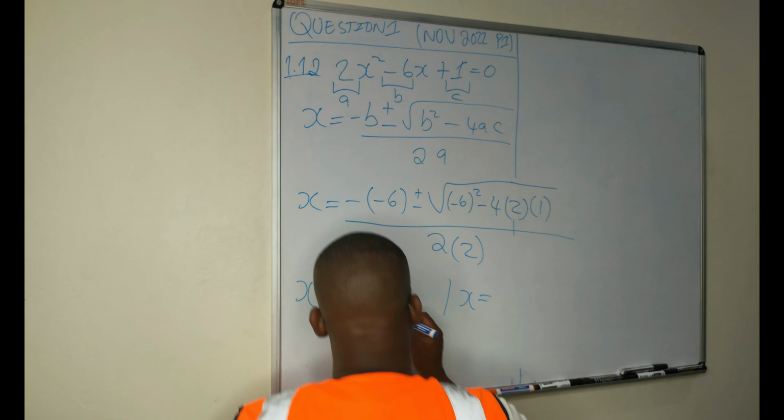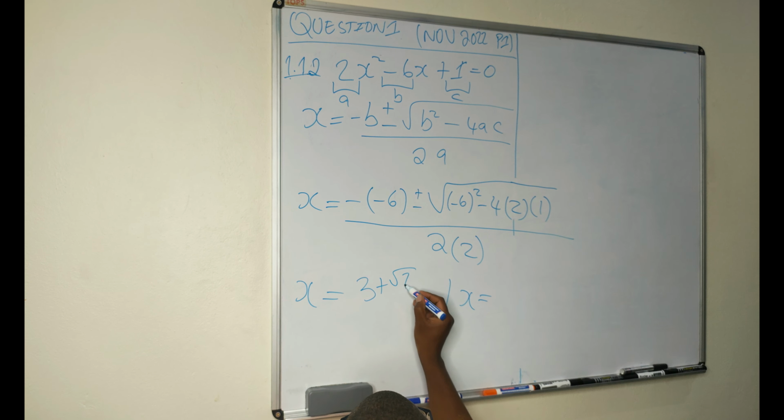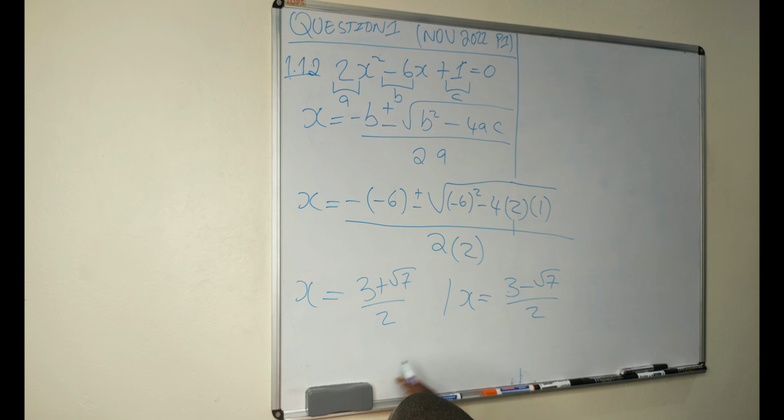So we have x, which is 3 plus root 7 over 2, and x is equal to 3 minus root 7 over 2, and this one here is equal to 2.82, and this x here is equal to 0.18.